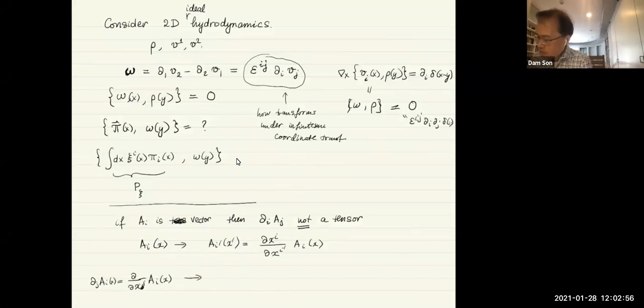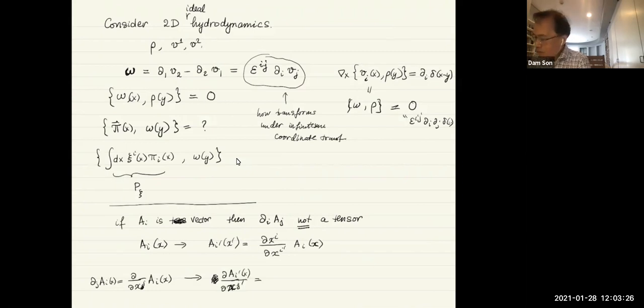Then this becomes somewhat of a mess on the other side, because the derivative with respect to x_j' of the same quantity on the right-hand side, the derivative of A_i' of x', would actually have two different parts.